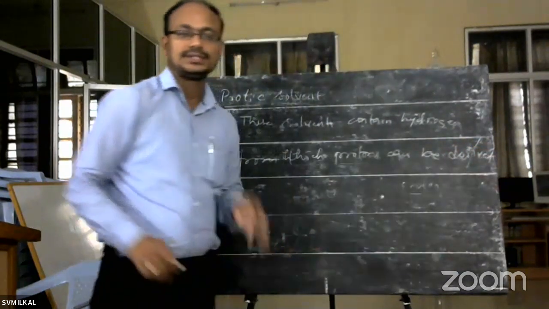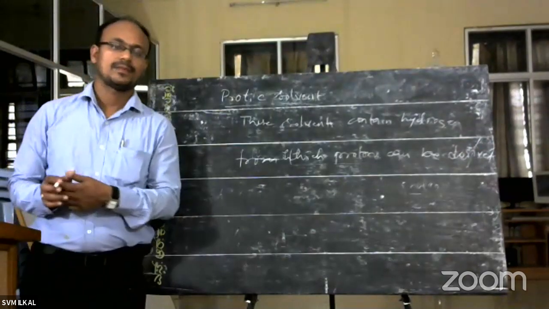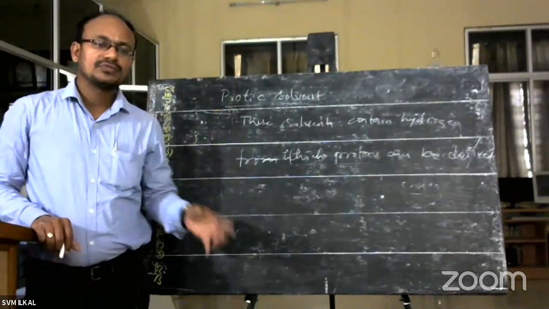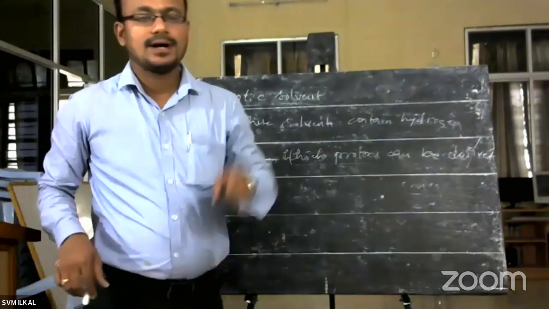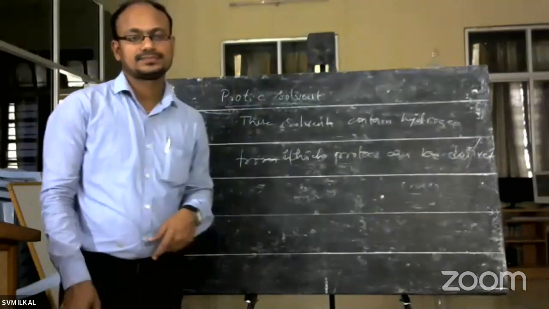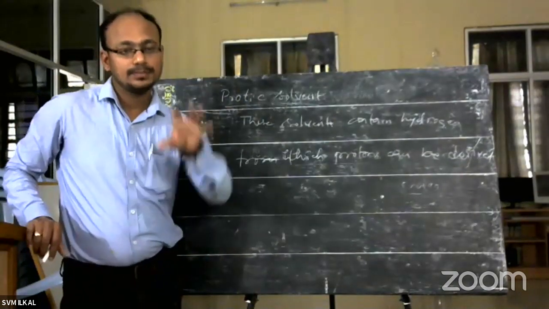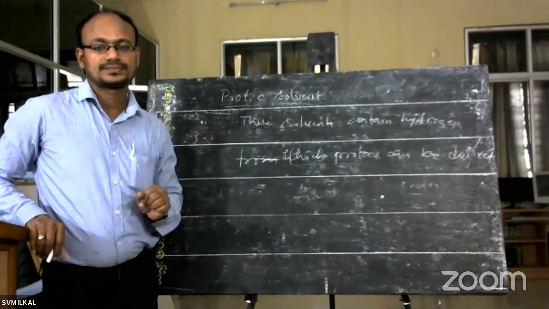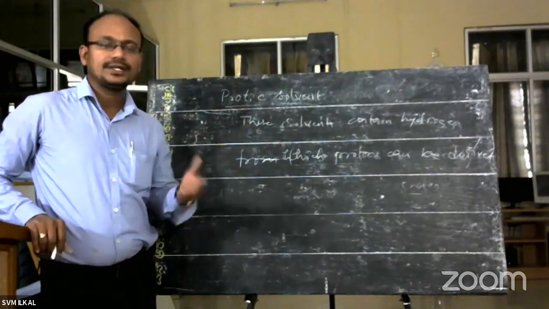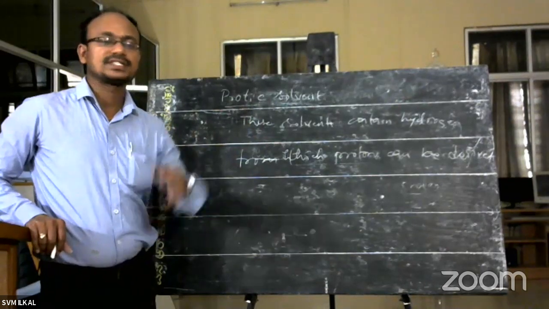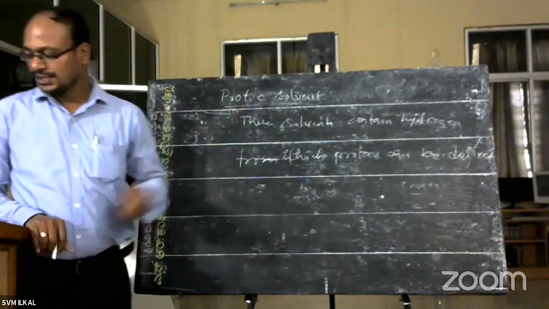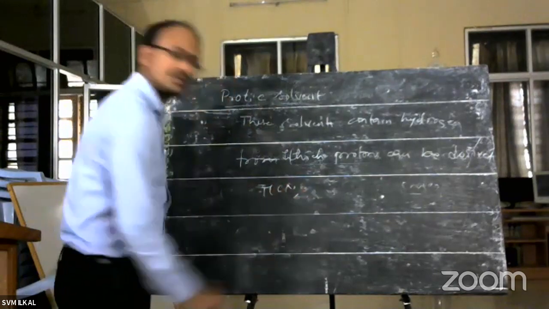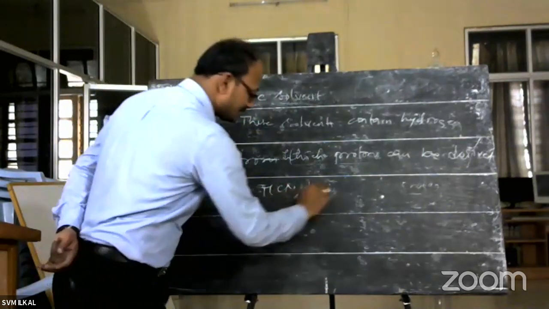Here a question may arise: what exactly is the meaning of protic solvent? In protic solvents we can find the presence of acidic protons. That is why we call it a protic solvent. Example, I can give any of the acids which have protons. You take the example of hydrogen cyanide, then hydrogen fluoride.